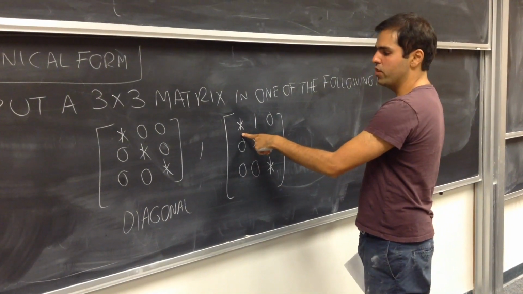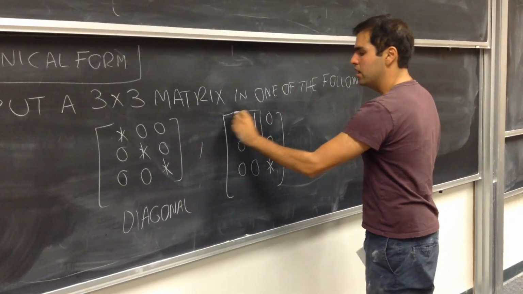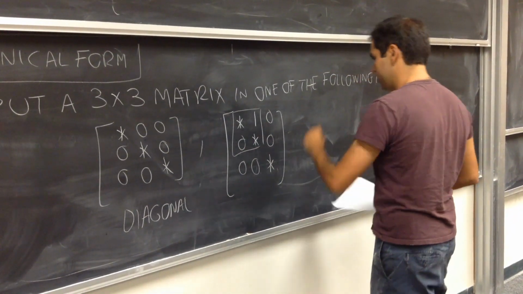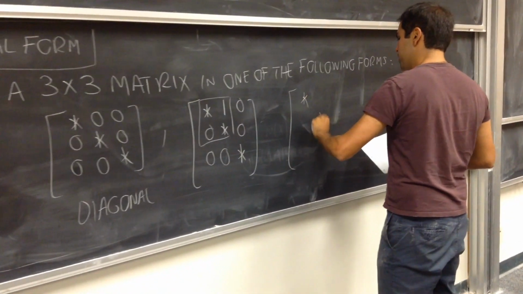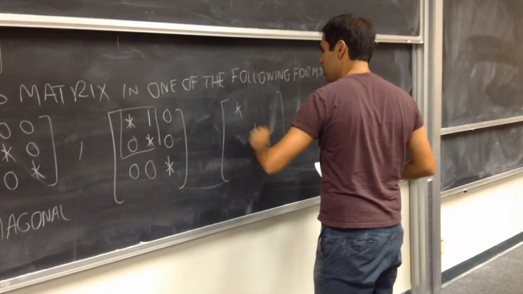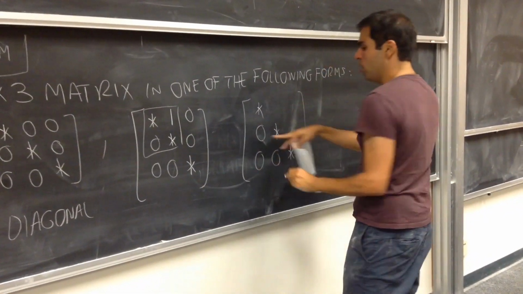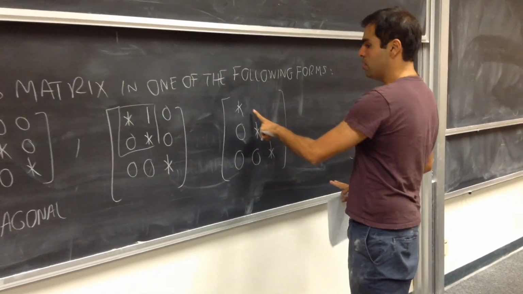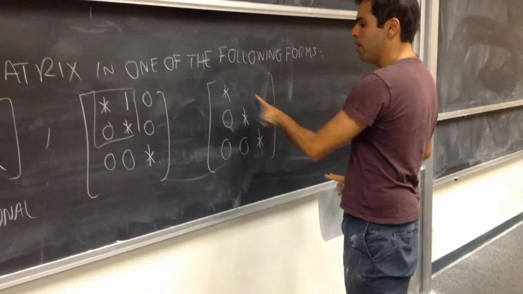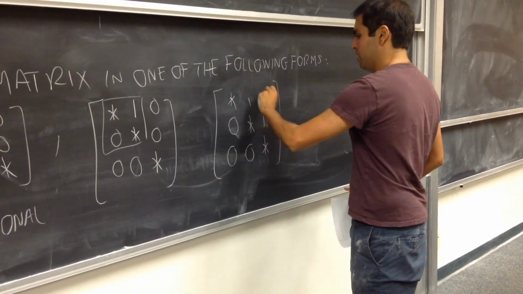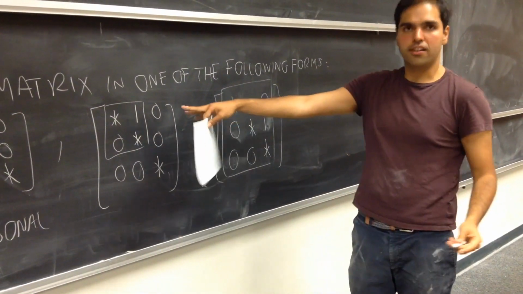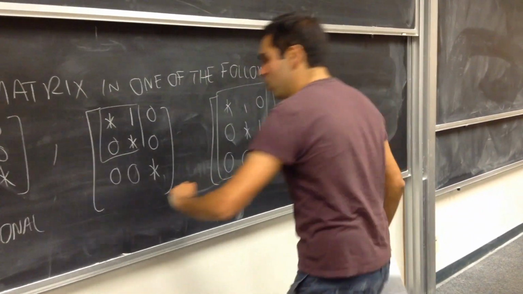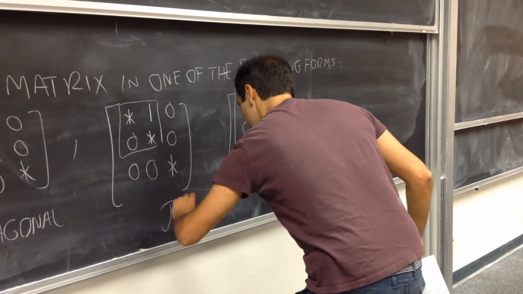And this thing where you have a star and a 1, we call this a Jordan block. And let me tell you another scenario. Maybe star, star, star, where everything below the diagonal is 0, but all the entries exactly above the diagonal are 1. And those cute blocks with stars and 1, as I said, we'll call them Jordan blocks.